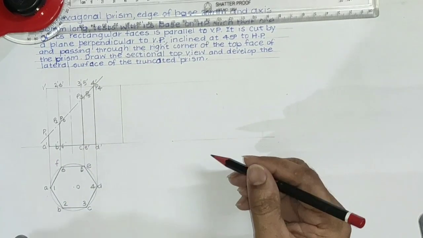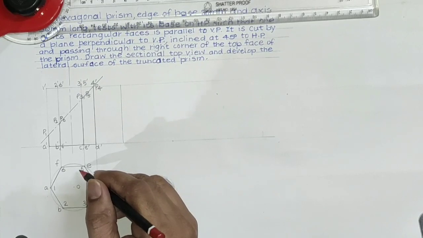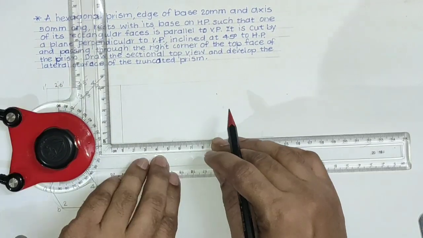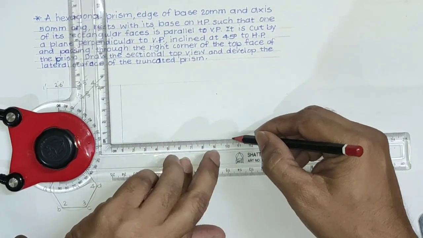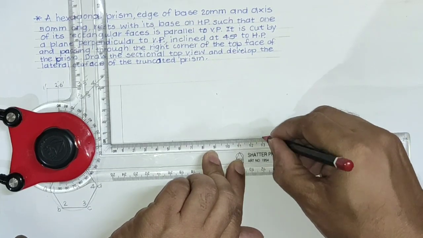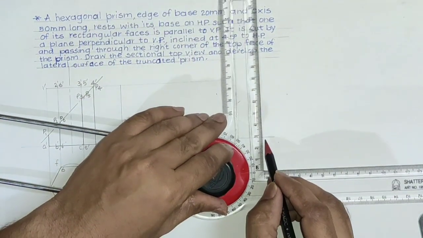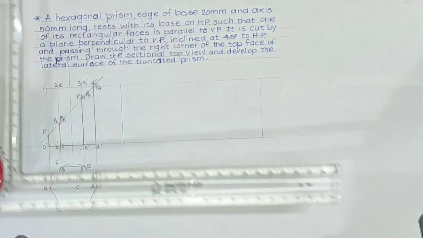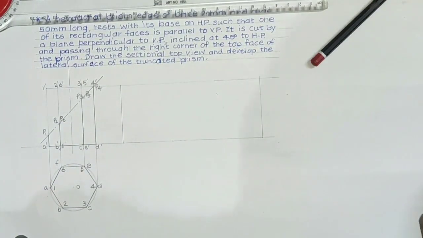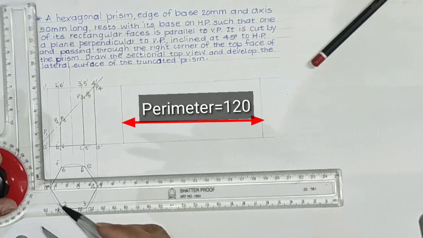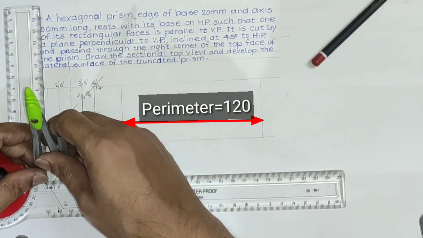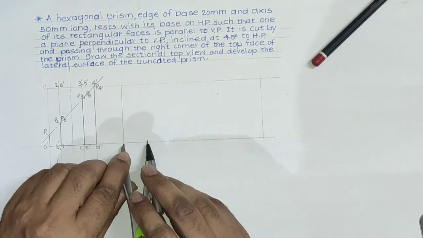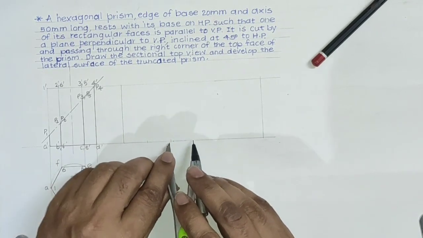Here side of hexagon is 20 mm, therefore perimeter is equal to 20 into 6, that is 120 mm. Then mark the points for drawing vertical edges on developed surface.